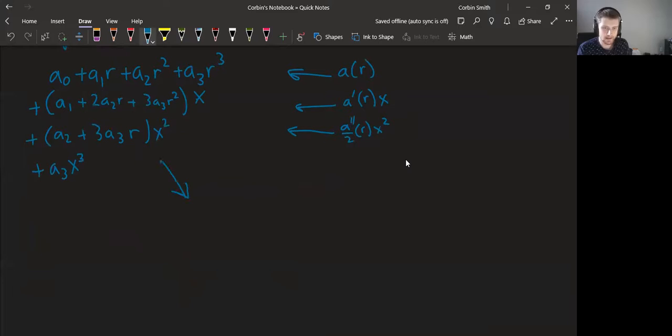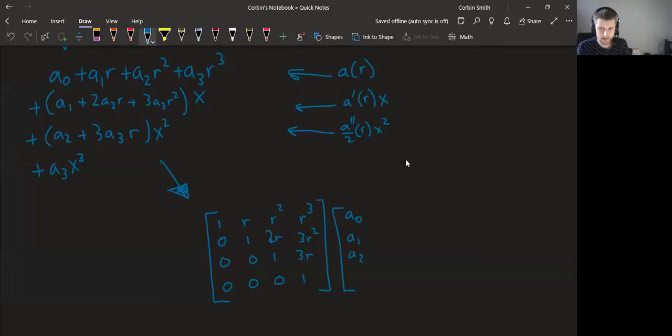We can factor this as the matrix with rows 1, r, r squared, r cubed, and then 0, 1, 2r, 3r squared, and then 0, 0, 1, 3r, and 0, 0, 0, 1, and then we have times a0, a1, a2, a3. But this is equal to a of x plus r, right?